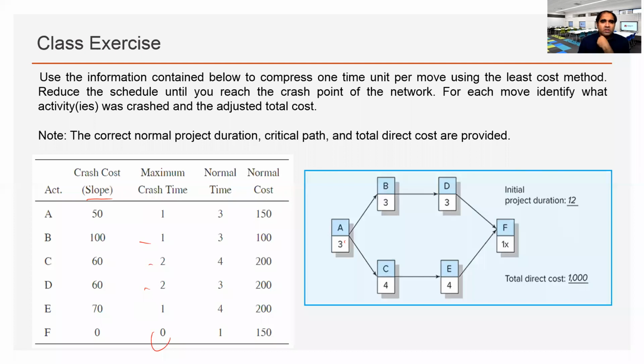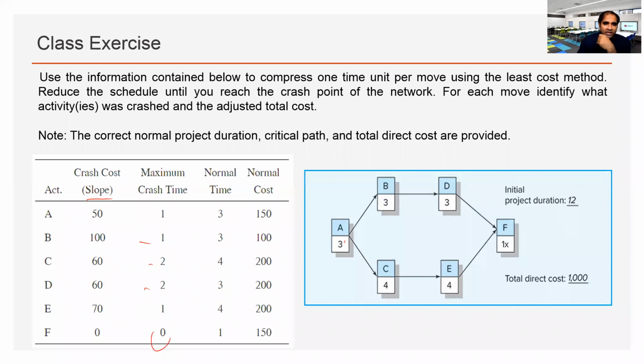A, that's right. Okay. First of all, as I said, we cannot just randomly pick. From the beginning, let's pick A with 50. The cost is the lowest. Also, it will help us in reducing the total project duration, right?